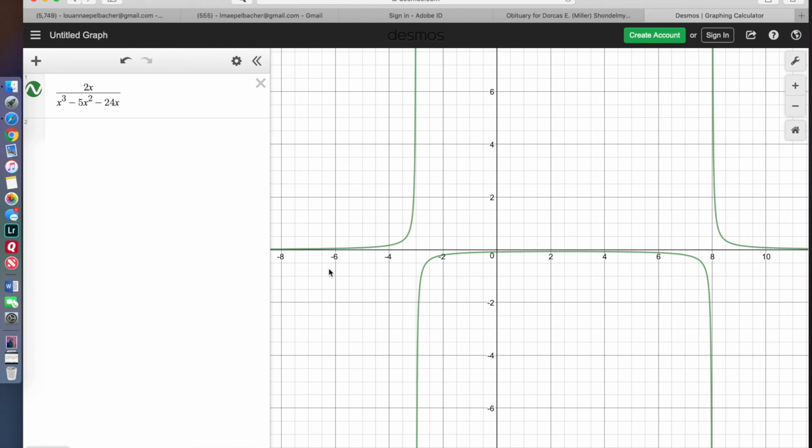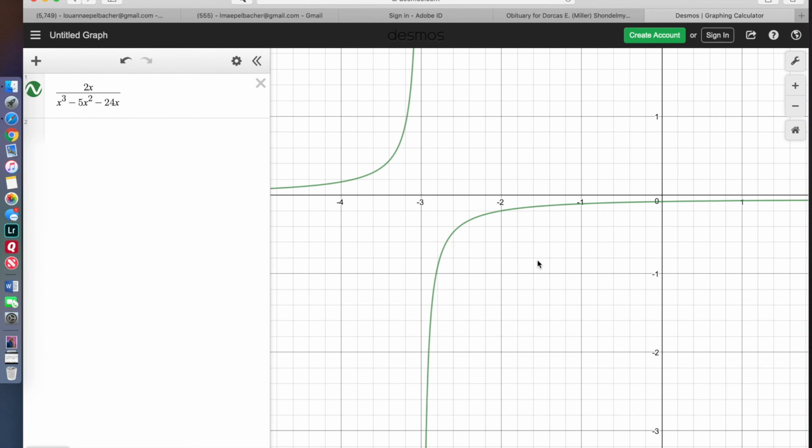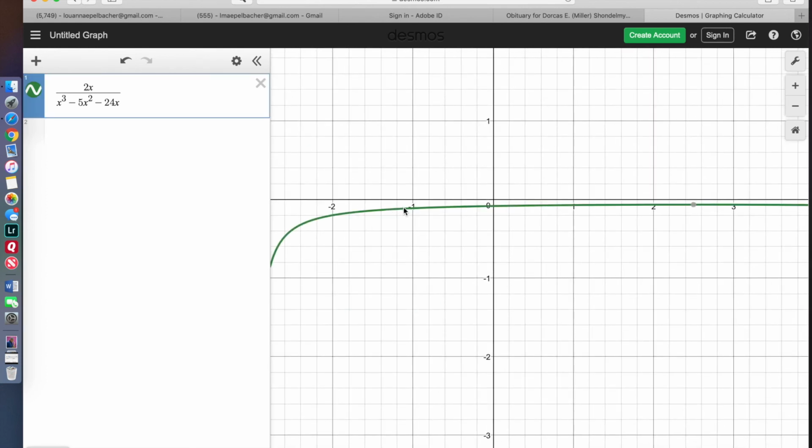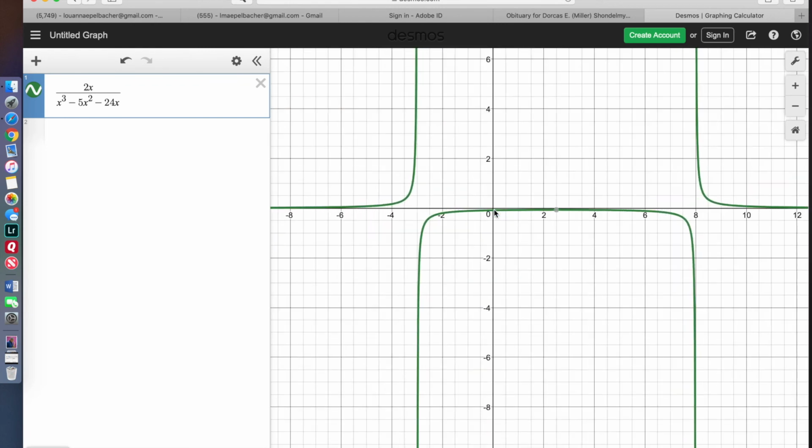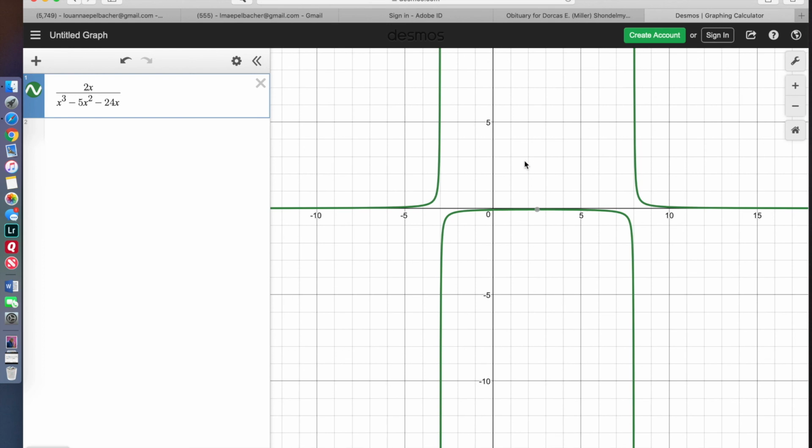That should mean that you've got a hole at x equals 0. And so I'm going to just drag and see if there's a hole at x equals 0. And there is, so it's 0, comma, undefined. Do you see that if there's a hole at 0 for this graph, you're not going to have a y-intercept?